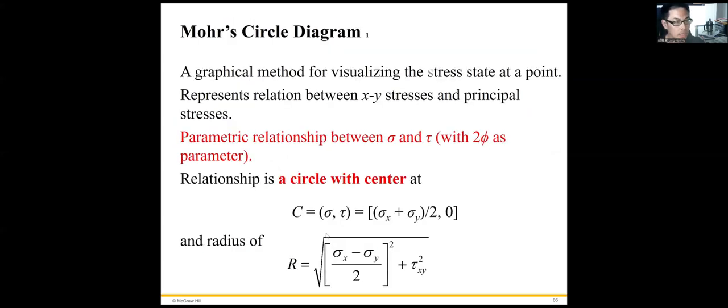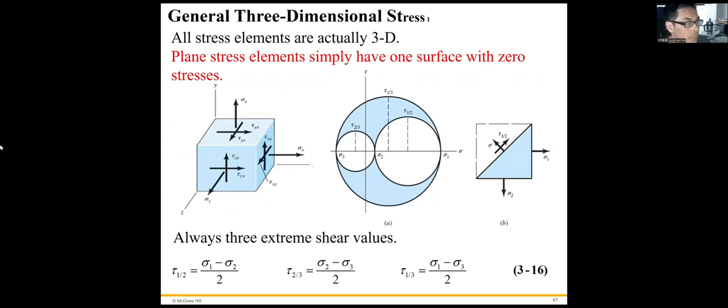So in this case, the maximum shear stress is right here and here. And tau 1 2 equals sigma 1 minus sigma 2 divided by 2, right here. And tau 2 3, right here, equals sigma 2 minus sigma 3 divided by 2.